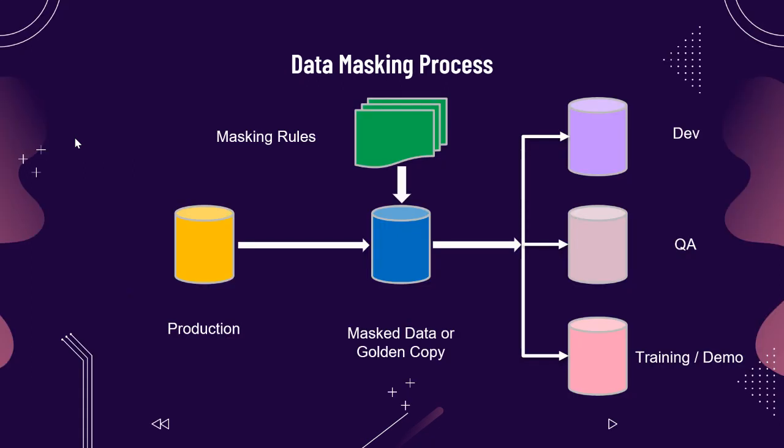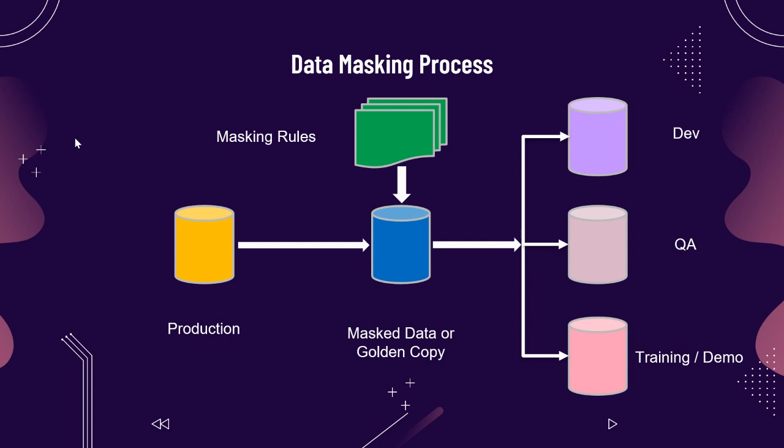So why do we typically use data masking processes? Before that, let's look at how this usually works. Let's say you have a production system with account information about a user, and you want the same or a similar data set on your lower environments, whether that is the dev environment, the QA environment, or a training or demo environment. I'm not going to copy sensitive or confidential information from production to dev, QA or training.